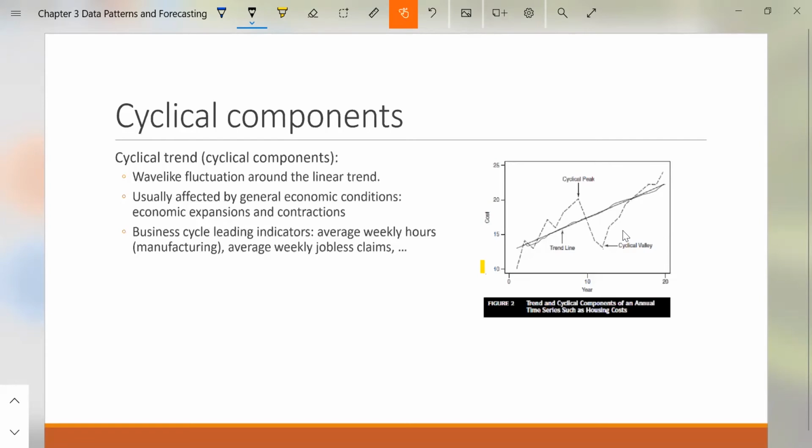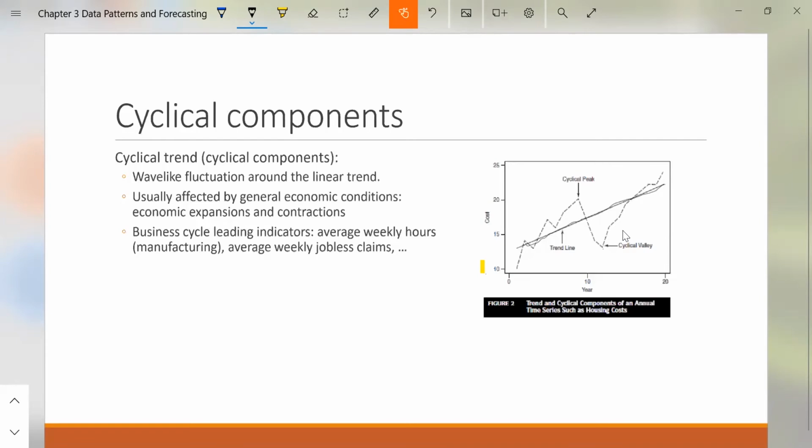Like in 2007 to 2009, we had the last major recession. It's really a severe one. And then the economy starts to recover for the next 6 to 10 years until right now, we basically can say the economy reached a peak.